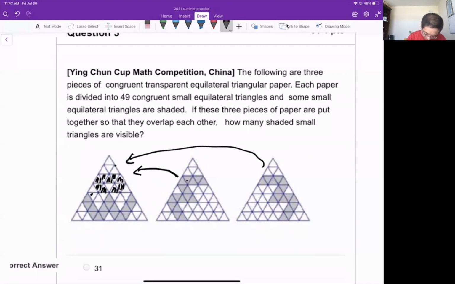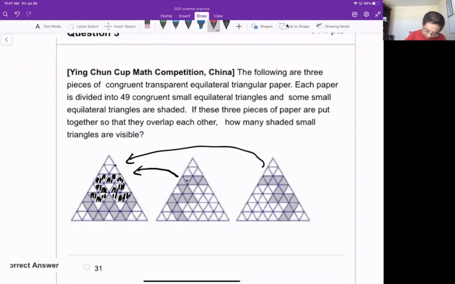And then this one is from the other. Here also this one, and this, and this, and that's it. So the point is, if you look at the first picture, those I just added are the extra small shaded triangles we can see.